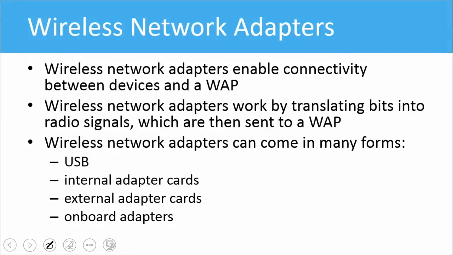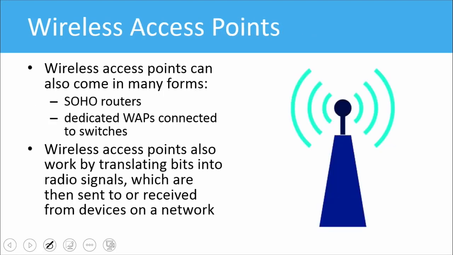So anyway, back to the screen. Wireless network adapters take a lot of different forms. Most laptops now have internal adapter cards, and onboard wireless adapters too, which means that it just goes on your motherboard, or your MOBO, as tech geeks might call it. But there are still external adapter cards and also USB adapters that allow you to connect wirelessly.